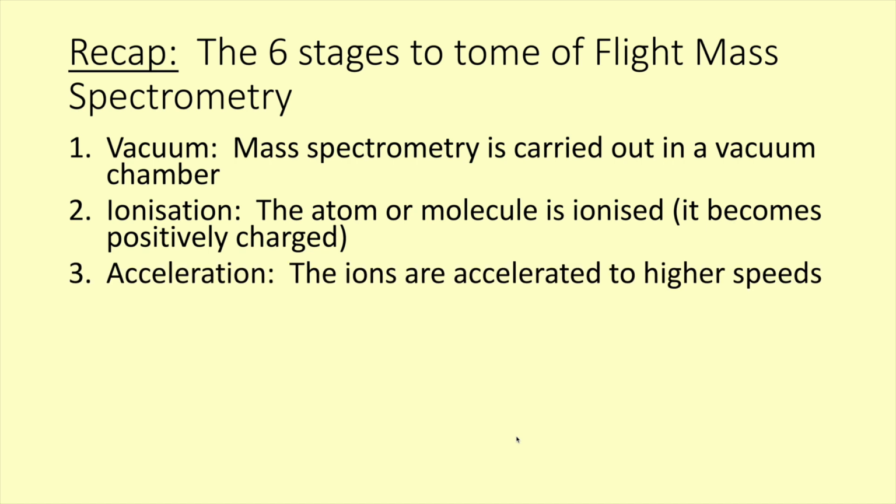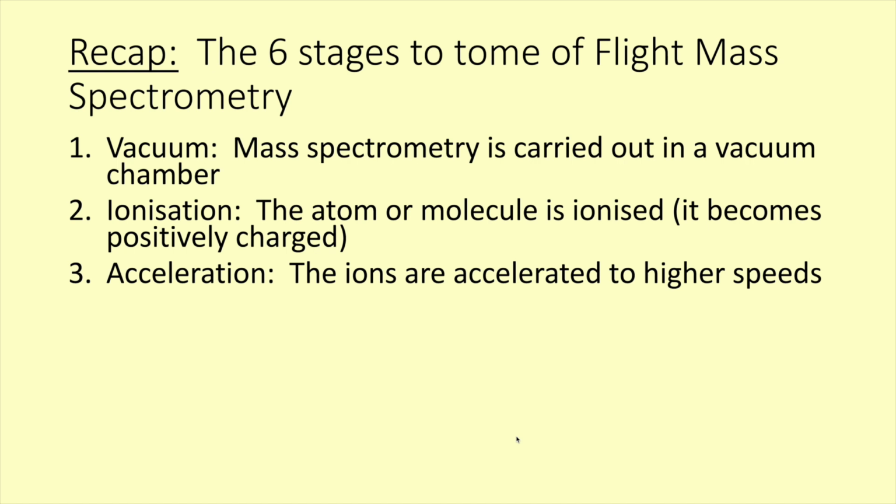So our next stage, our acceleration, where our ions are accelerated to higher speeds. By having our ions as charged particles, that means that they are able to be attracted to something that is negative. So that's how we accelerate those ions, is using charge differences to attract those positive ions and make those ions travel faster.